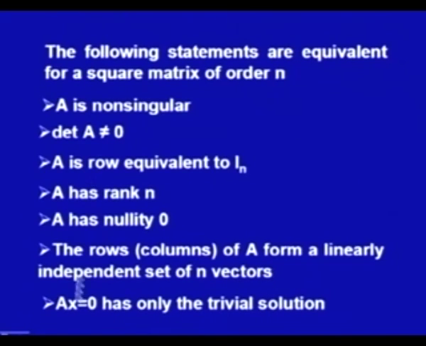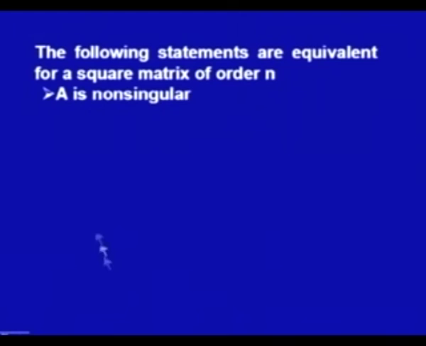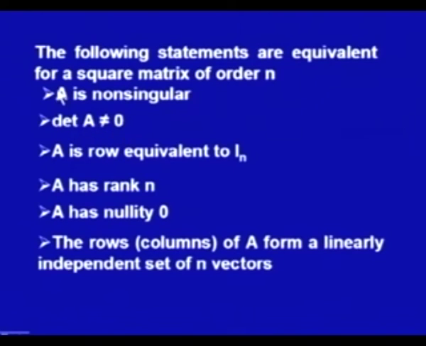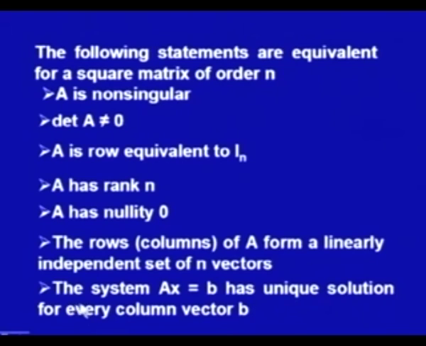So, all these statements are equivalent related to Ax is equal to 0. Similarly, the following statements are equivalent when A is non-singular, determinant A is not 0, all these things are same as we have discussed. The last point is slightly different, and it says that the system Ax is equal to b has a unique solution for every column vector b.